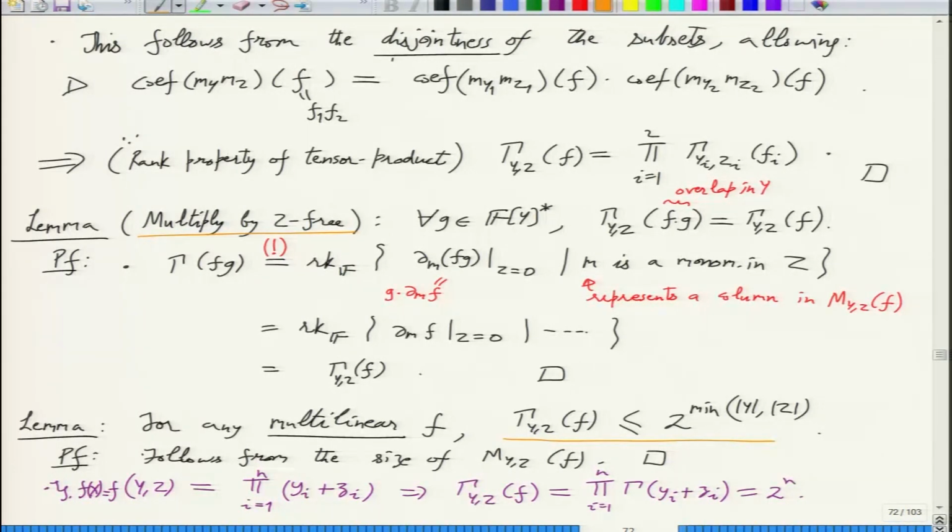And this is tight, as we saw in this example. In this product, the number of y monomials is 2 raised to n, and so is the number of z monomials, and the rank is also that. So this is a depth 2 example, a pi sigma example.